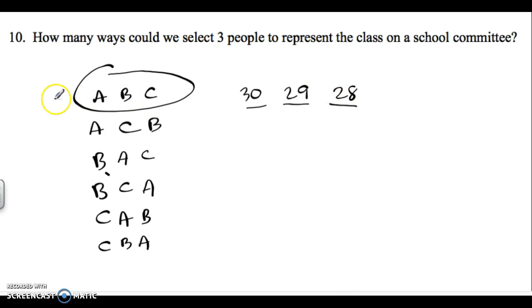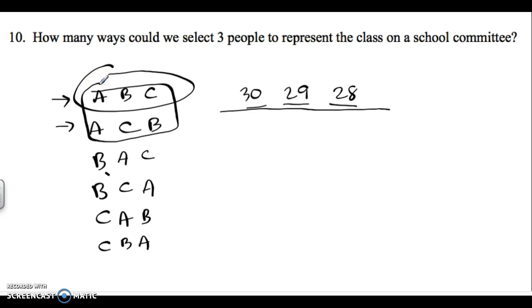But what we notice here, just like the president, vice president case, is that we end up getting repeats. If we're choosing 3 people, the number of repeats is 1, 2, 3, 4, 5, 6. 6 repeats for the same group of people. So we're really dividing this by 6. 6 is made up of the groups of 2 that are repeats, and we have 3 of them.